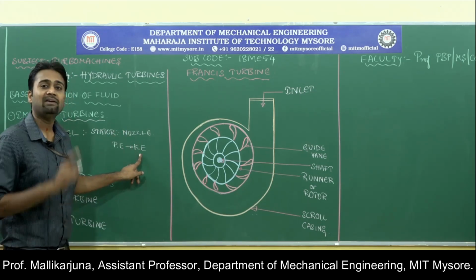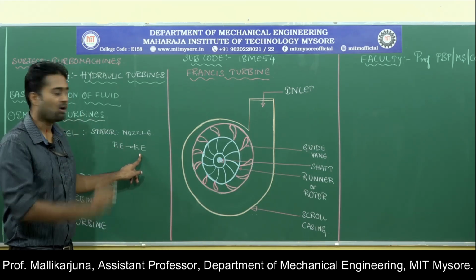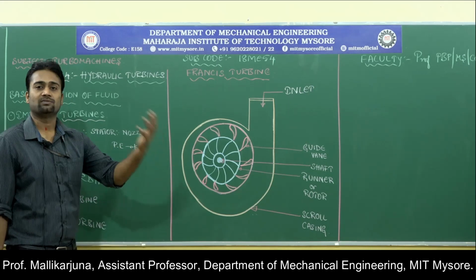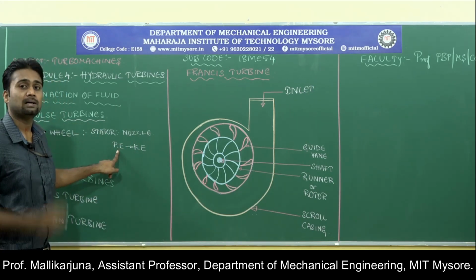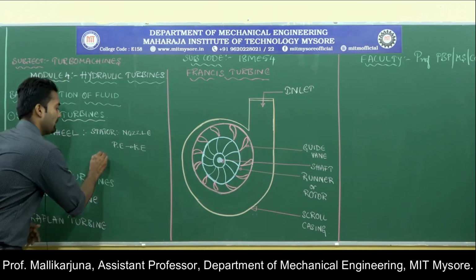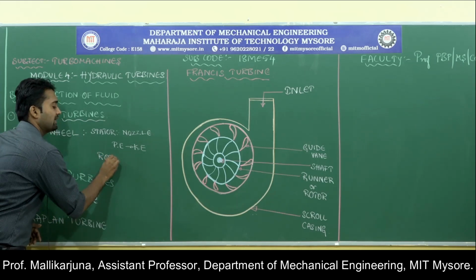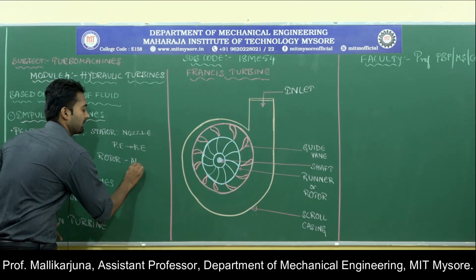Then a high velocity jet of water will be passed over the blades of the turbine. That means pressure energy conversion is completely happening in the stator itself. On the rotor, no pressure energy conversion is happening, so it is at atmospheric pressure.